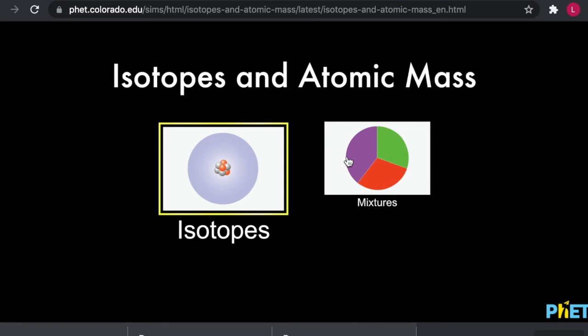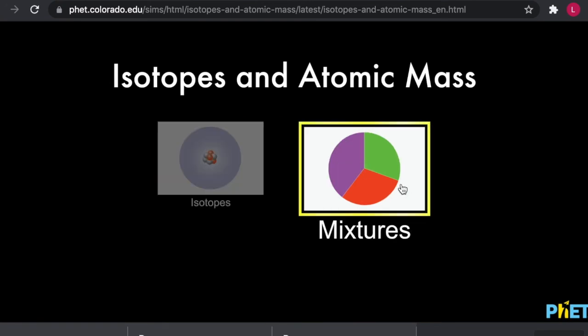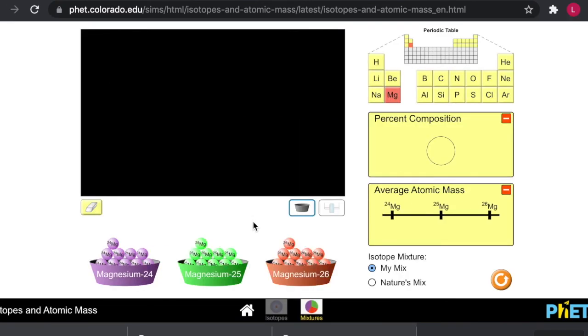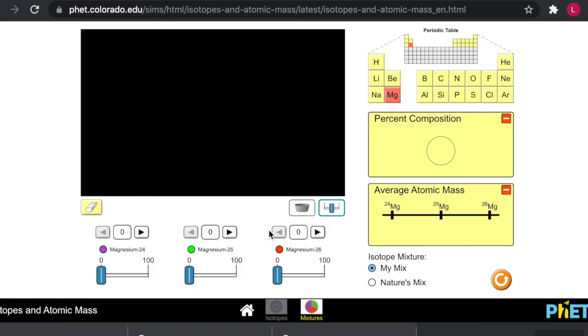If instead of isotopes you click the mixtures page, you can take a look at how the average atomic mass is affected by the combination of isotopes that you put into your mix. So you can use these buckets, or it might be faster to use dials.